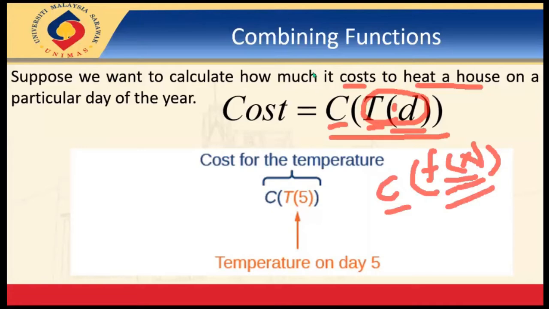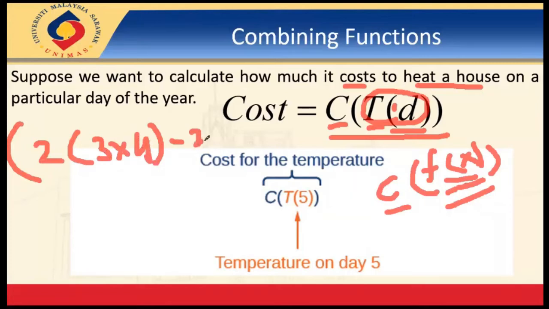Remember in mathematics, if we have brackets, let's suppose 2 into 3 multiply 4, and then minus 2, and here a bracket. So you see, this is the outer bracket, and this one is the inner bracket.